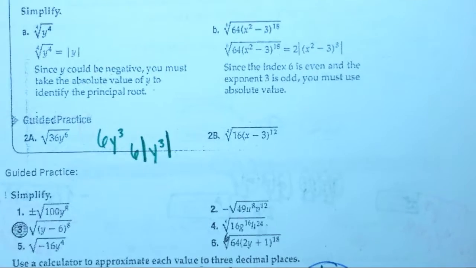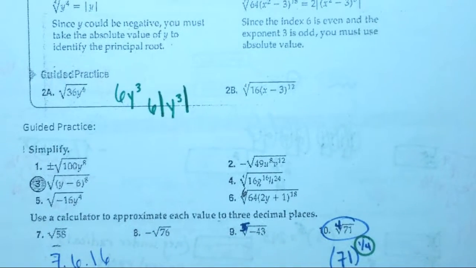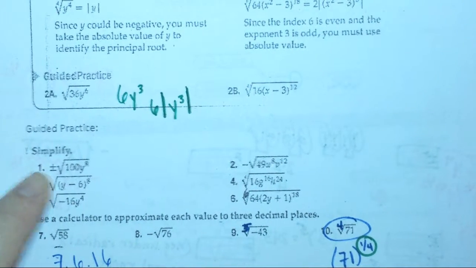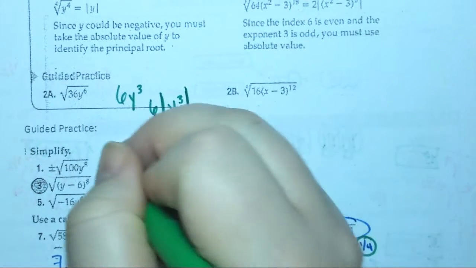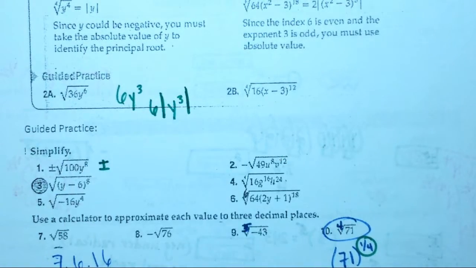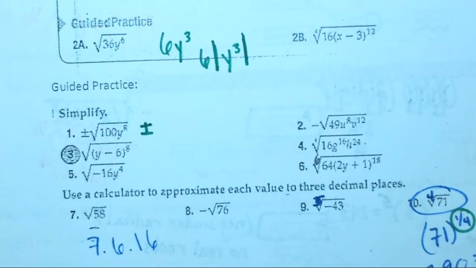Okay. If you missed 2A, I don't know what's going on with your life. Can someone tell me what the answer is to number 1 down here? Preferably not Hunter or Archer. Number 1. Say what now? 10 what?